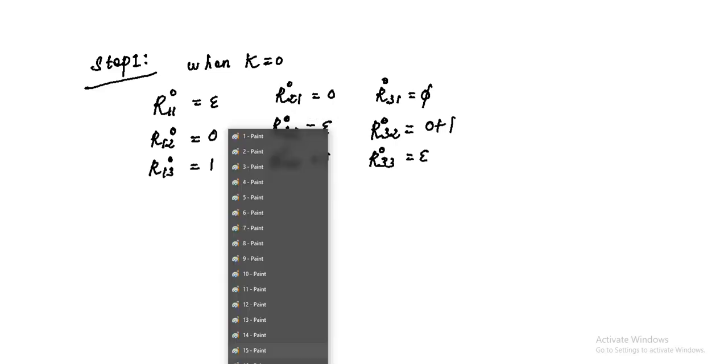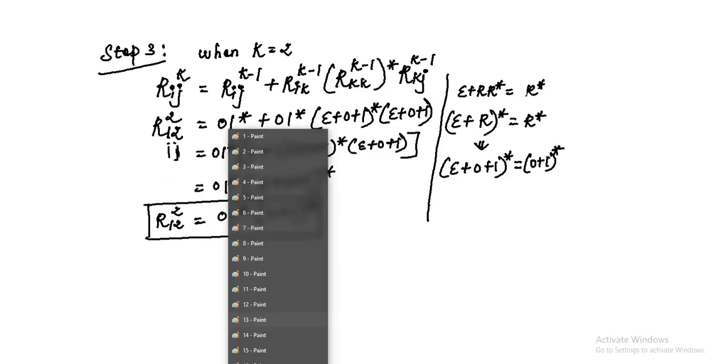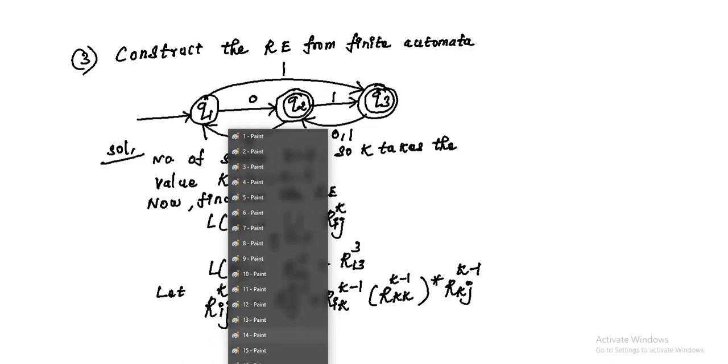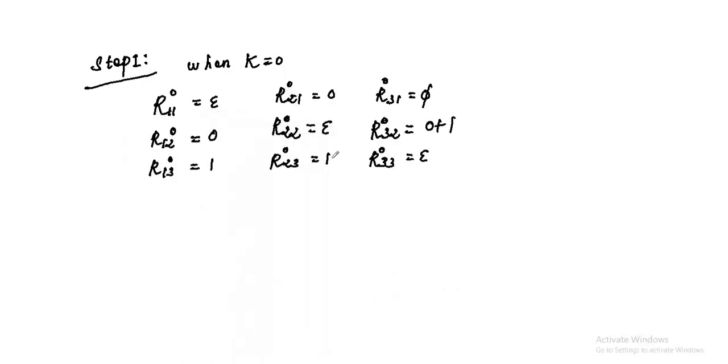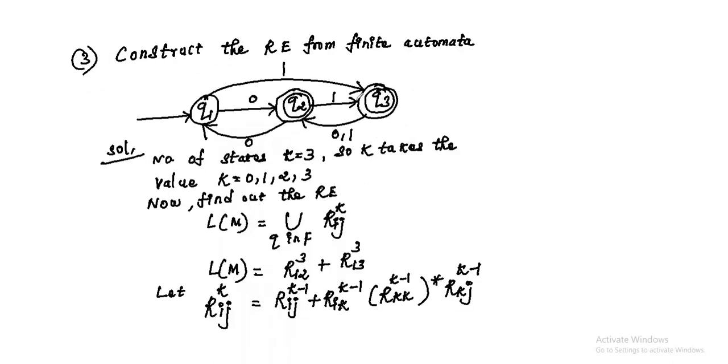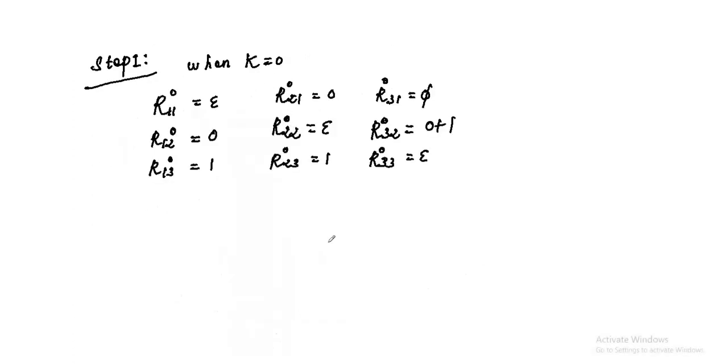Next R23, there is a transition from q2 to q3 on 1, so we need to include 1. Next R31, see the transition 3 1, there is no transition, then we need to include the null symbol because there is no transition 3 1. Next 3 2.